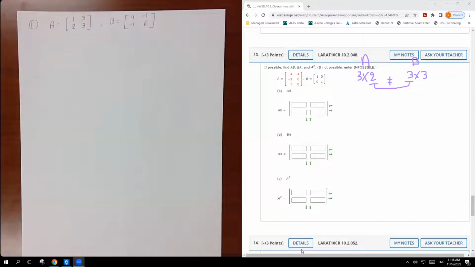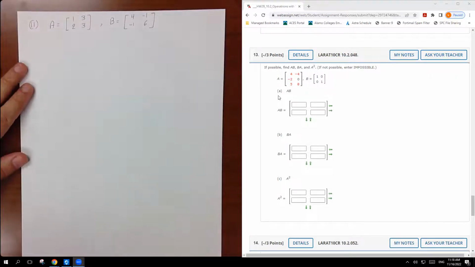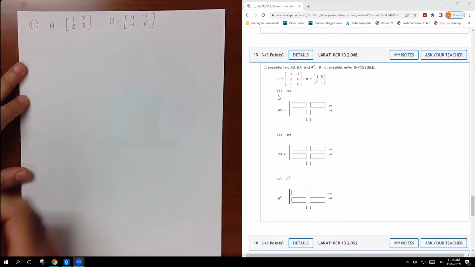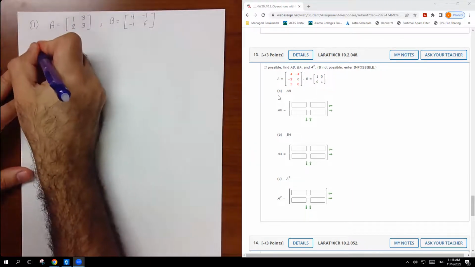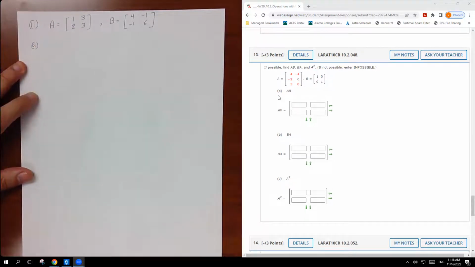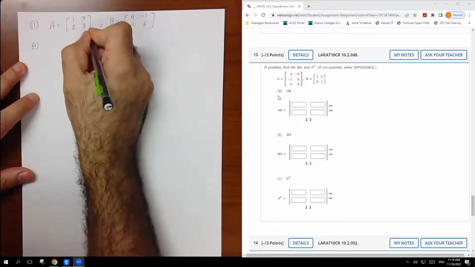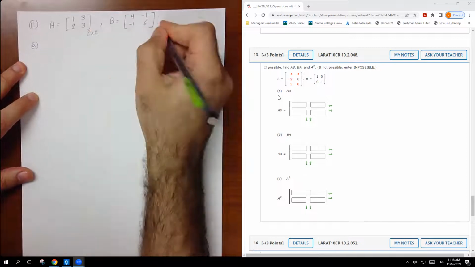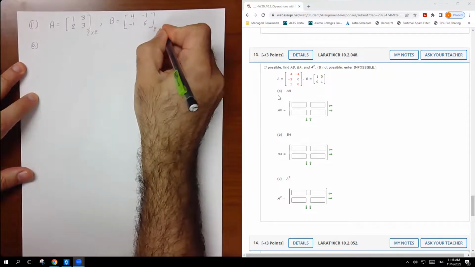So for example 13, again, we're going to check the dimension before we start doing the multiplication, because they ask you to find A times B. The dimension for the first matrix is 2 times 2, and the dimension for the second matrix is also 2 times 2.